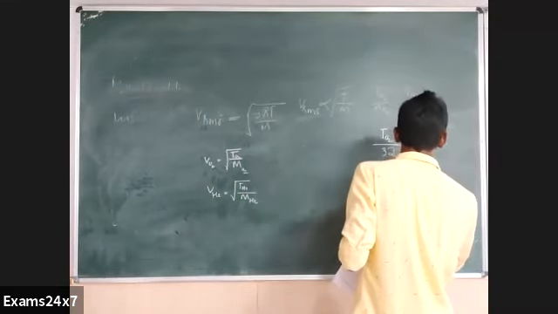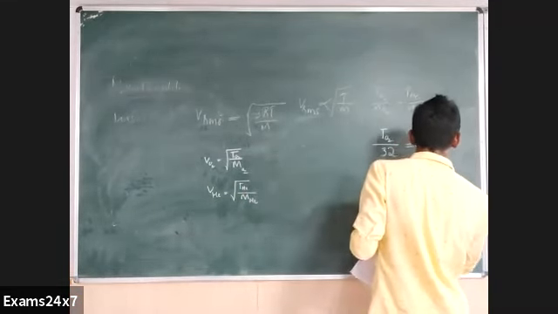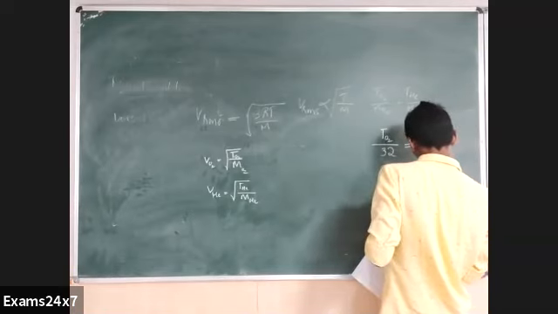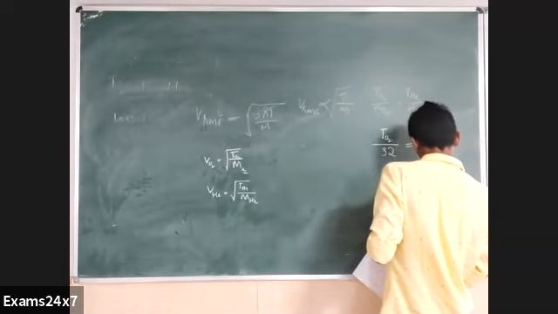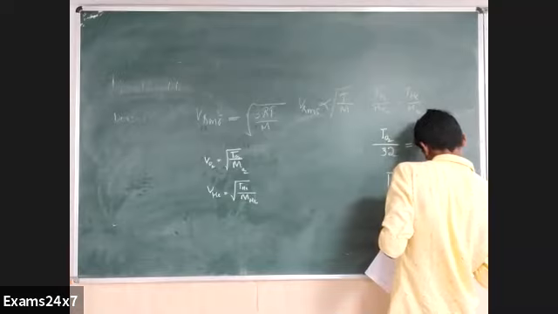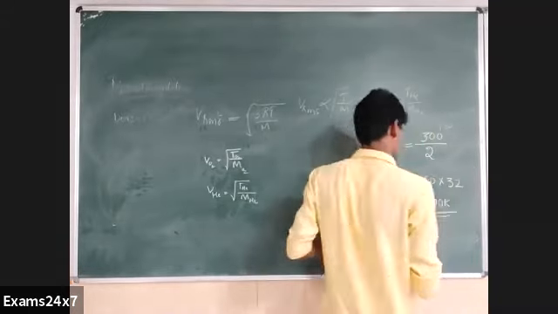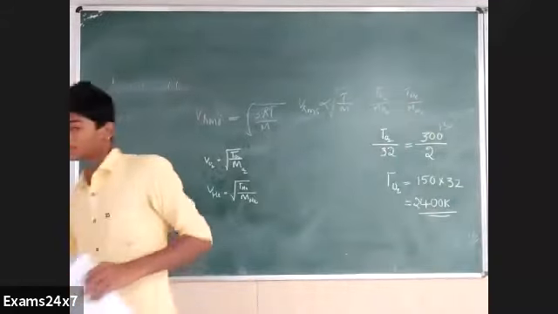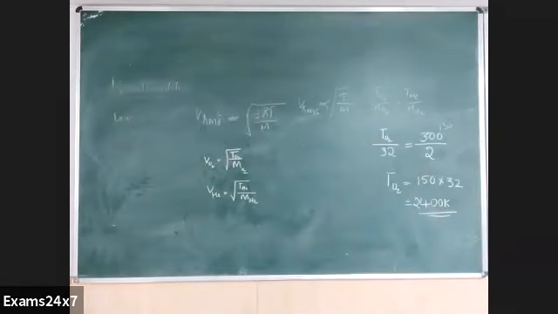Into 32. 150 into 32. Good. 2400 Kelvin. Understood?